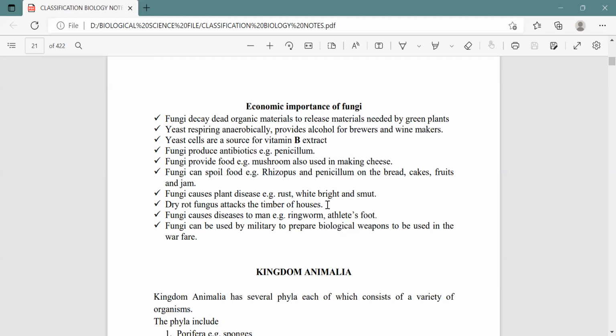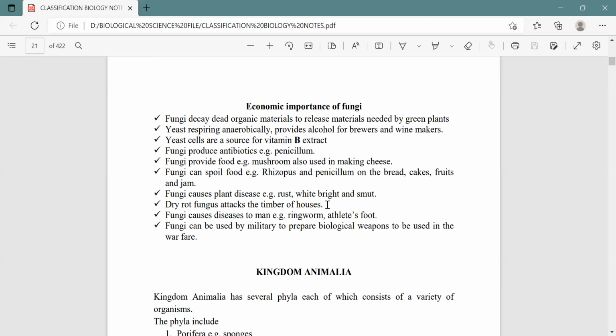That means that all the dead bodies of animals, all the dead bodies of humans, all the dead bodies of plants would still be existing here on Earth since several centuries, millions of years ago.